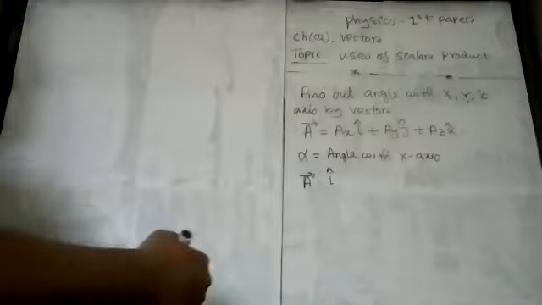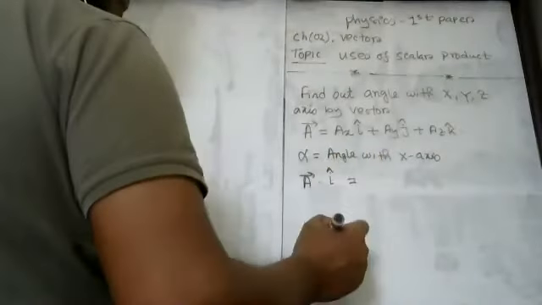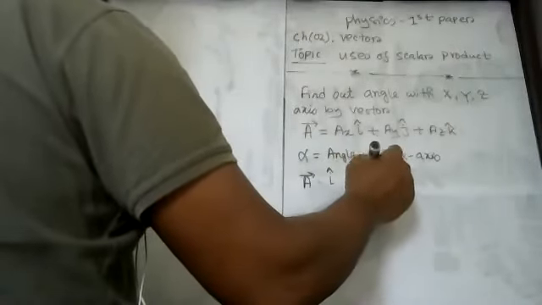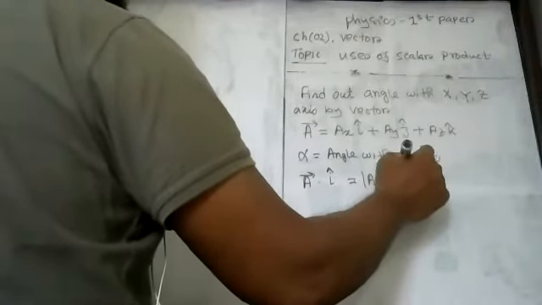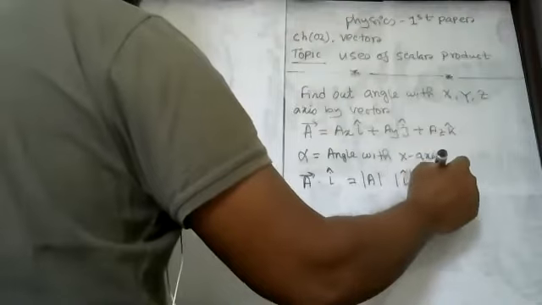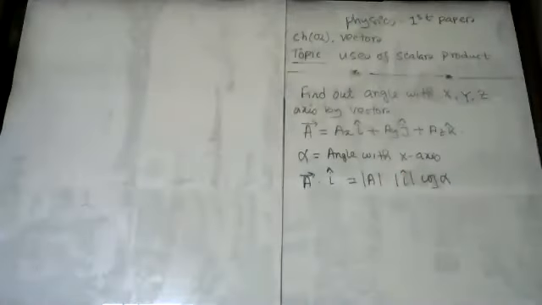Now, if A dot B equals AB cos theta, then I can apply here A dot i hat equals the magnitude of A, then the magnitude of i hat, and then cos of the angle between them.